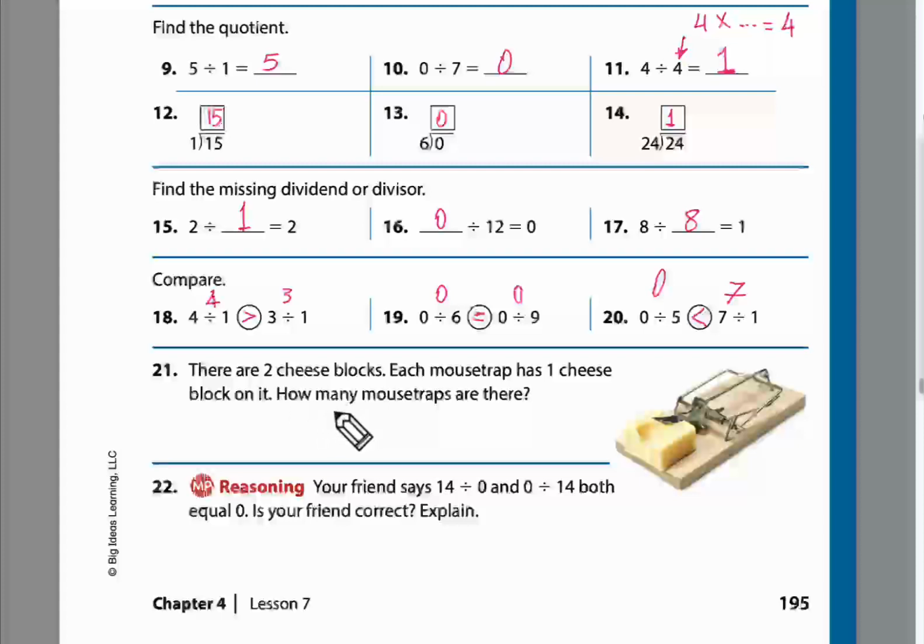How many mousetraps are there? Okay, so you have 2 cheese blocks, and each mousetrap has 1 cheese block.